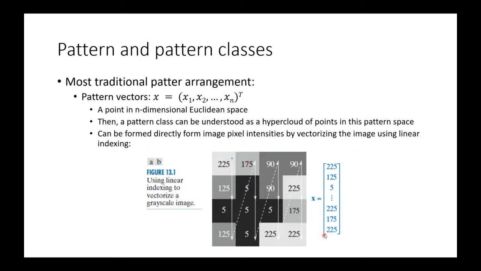So if I have an image like that with these intensity levels, I can transform it into a pattern vector by following this linearization. So this pixel becomes the first element of this vector, this becomes the second, this is the third, this is the fourth, and then when I come back to here, I go to the top, and that will be 175 here, and so on until the end of the image.